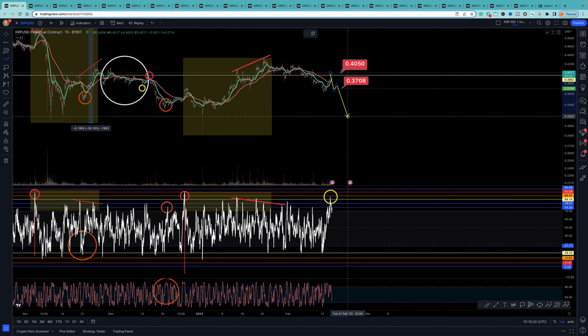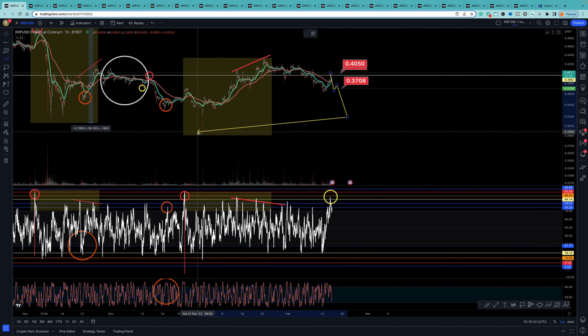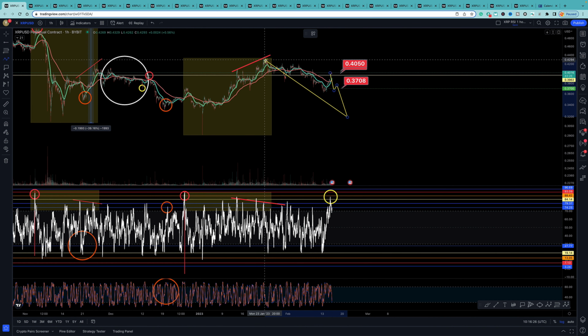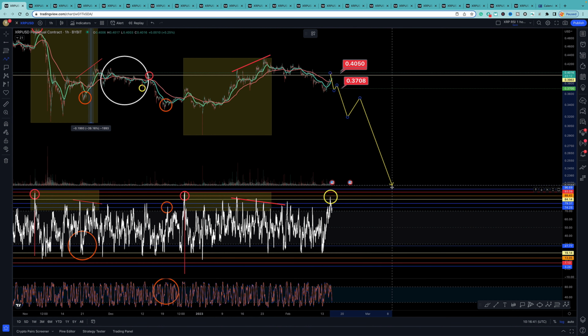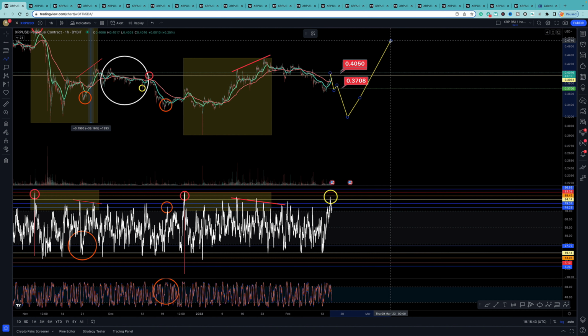We could get 32, 31.50, 32 would be our 786 correction of this move. Okay, and that would complete all this. And then in this situation, we may get another lift up, and then we could go for a bigger dump, or it decides to pump.